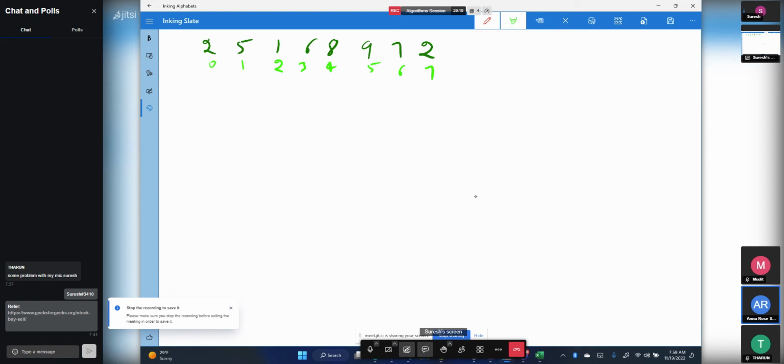So if you buy at this location, this is basically the best place, and if you sell for 9, is there any other better way? No, right? So you will get 8 rupees of profit, isn't it?